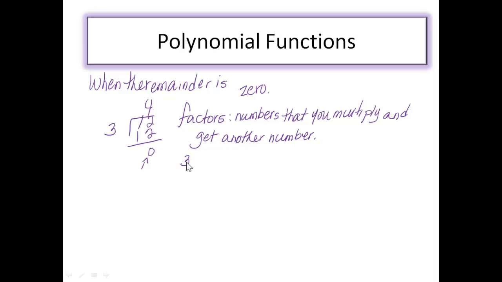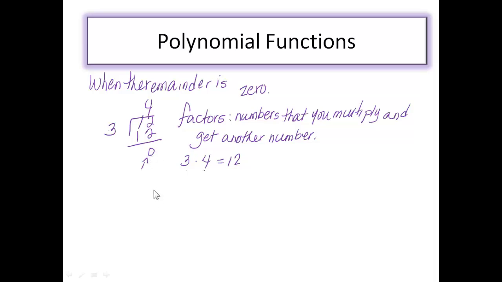So if I multiply 3 times 4, I get 12. That means 3 and 4 are factors of 12. In this case, the quotient and the divisor are factors of the dividend, right? If we use the correct vocabulary here. And this happens with any two numbers you multiply together. This is only true when the remainder is 0.